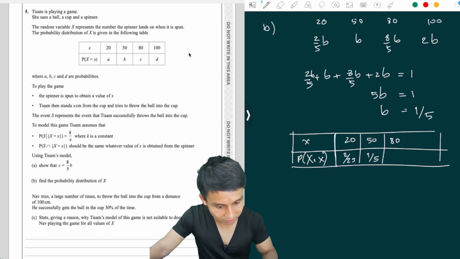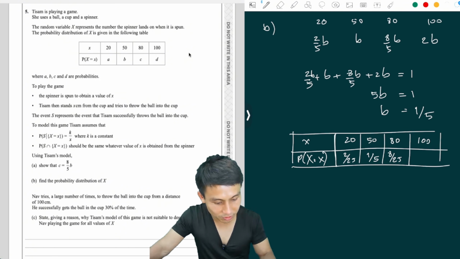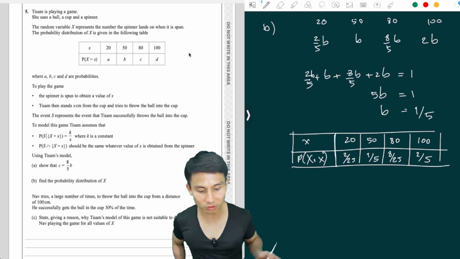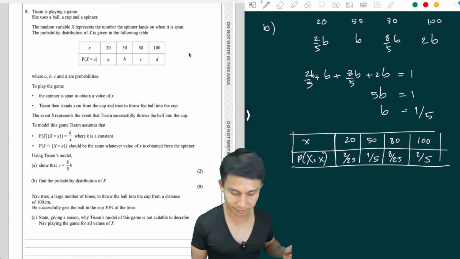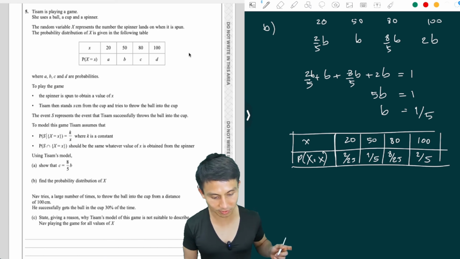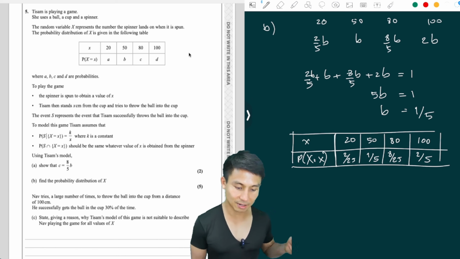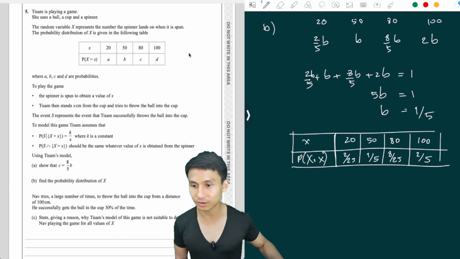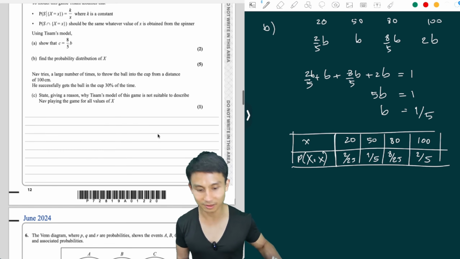So 8 over 5 times 1 over 5 is 8 over 25. And the next one, 100, B, which is 2 over 5. And of course, if you add them up, you should get 1. Yeah, so 2 plus 5, 7, 7 plus 8 is 15, and then plus 10. You get 1. All right, so that is the part B done.